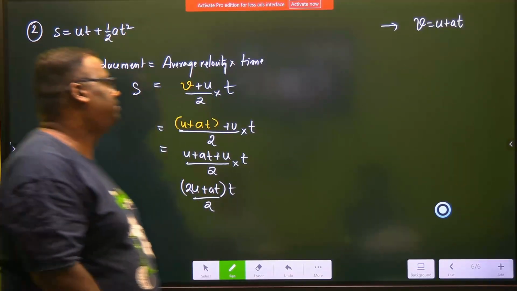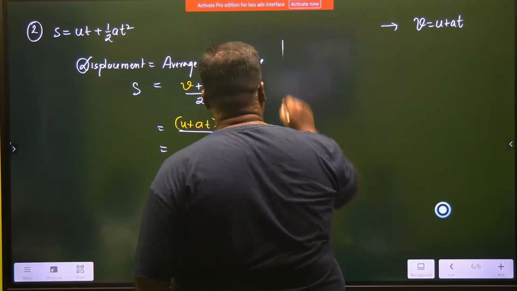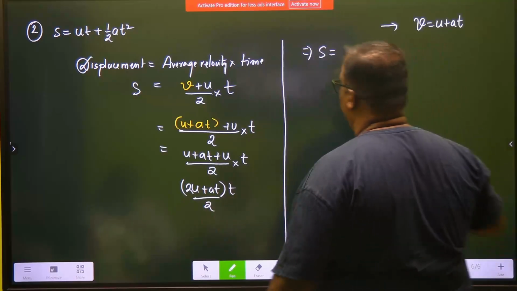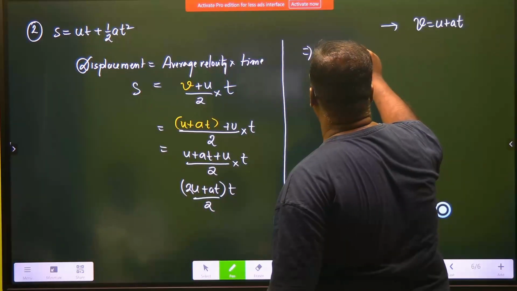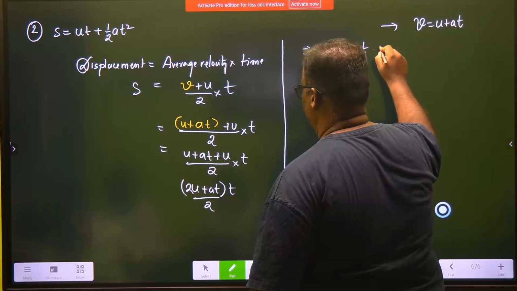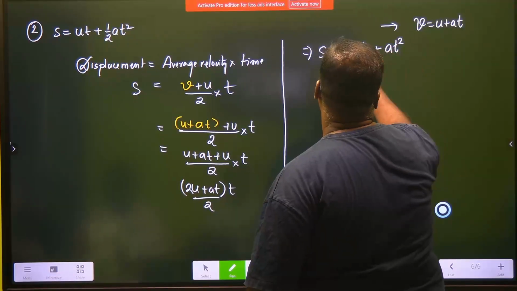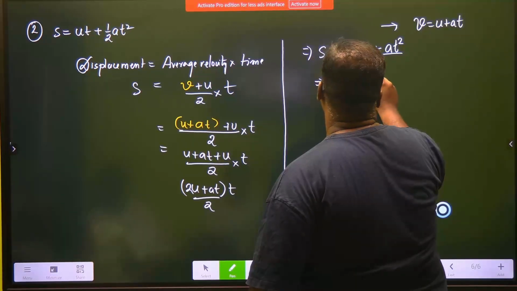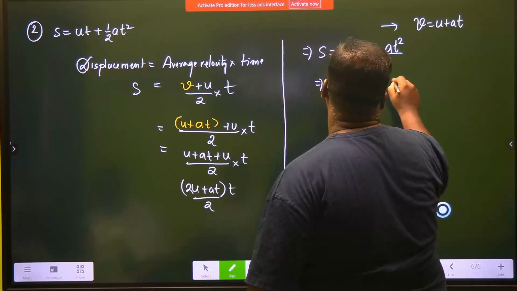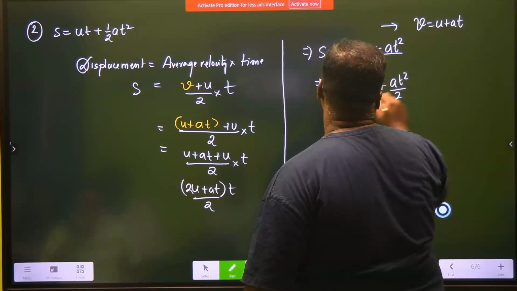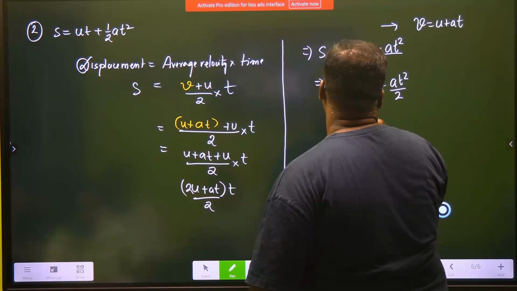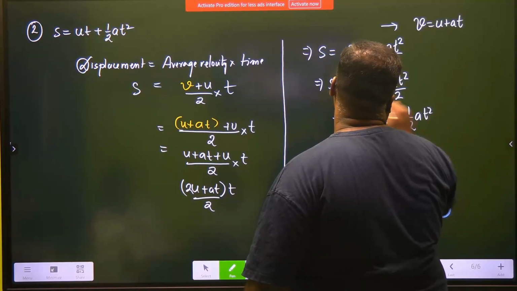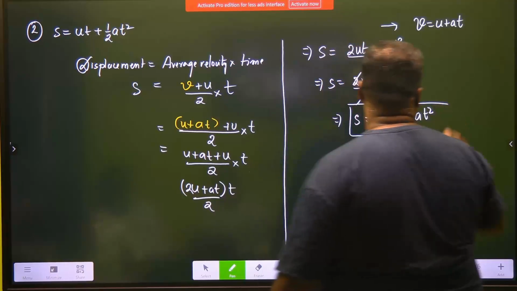Is that fine? Shall I bring it on this side now? I have s. So look, I'll now just separate the term. t multiplies with 2u, it becomes 2ut plus at square divided by 2. The job is done. s is equal to 2ut by 2 plus at square by 2. 2 and 2 cancel each other. So s becomes equal to ut plus half at square. This is your second equation of motion.